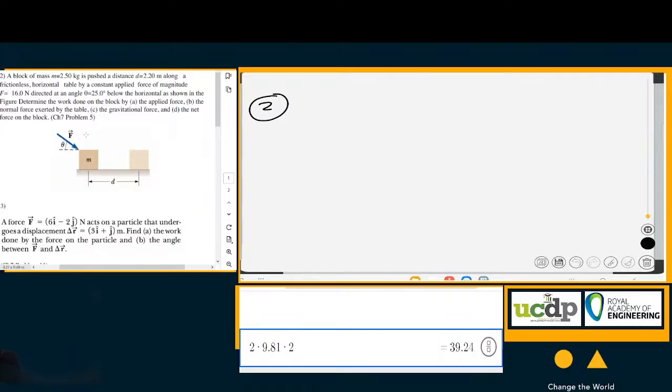Determine the work done on the block by the applied force, by the normal force exerted by the table, the gravitational force, and the net force on the block. Okay, so we need to determine the work done by all the different forces on the block. The applied force does the following work.